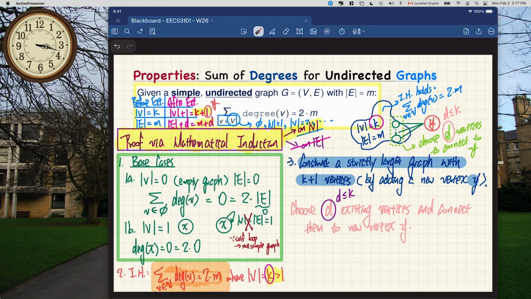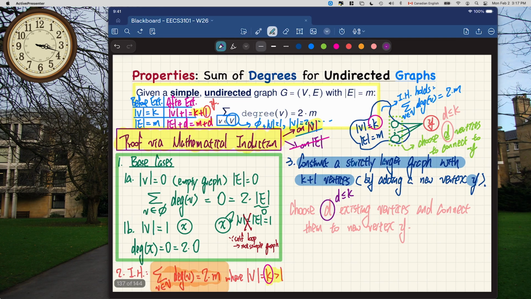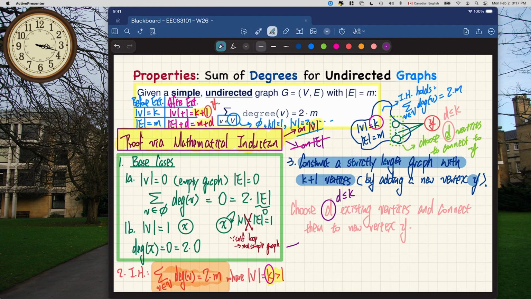Okay, good. All right, so let's now try to see if the property will hold on this k plus 1 strictly larger graph. So what we do is, let's start with the property. We want to do sigma right here, and then the little v is going to be quantified over capital V for sure.